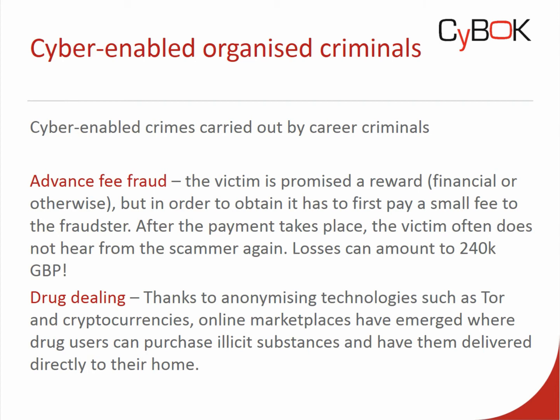So if we keep in mind that cyber-enabled crimes are crimes that used to happen in the real world before the internet, but they are somewhat helped by the internet to reach more victims and be easier to perform, we have two main examples of this kind of cyber-enabled crimes that are carried out by organized criminals. So these are organizations carrying them out.